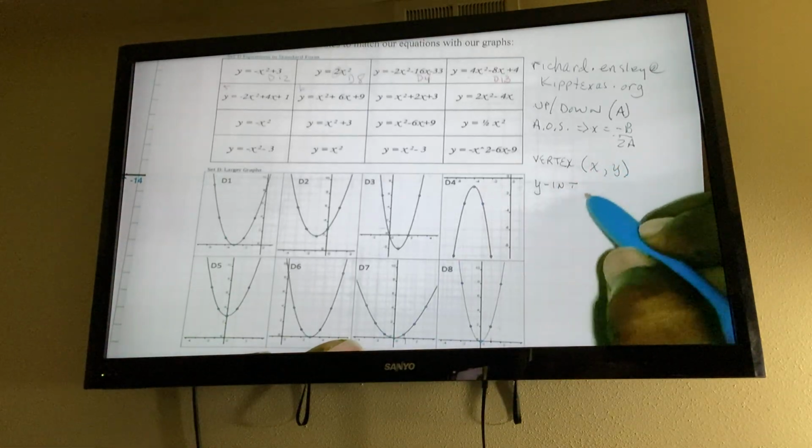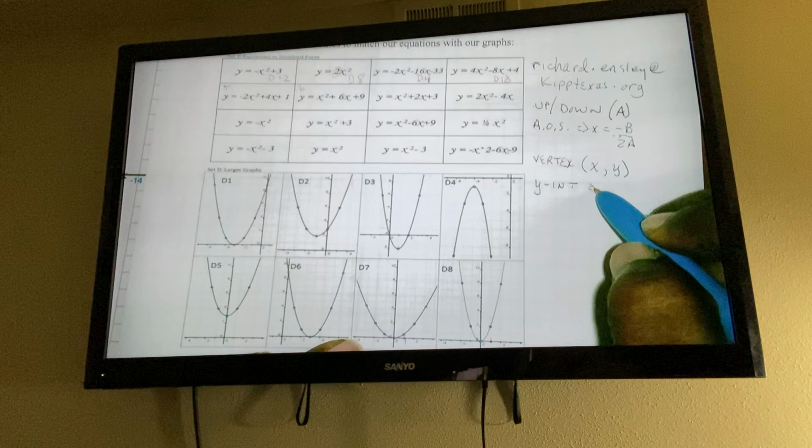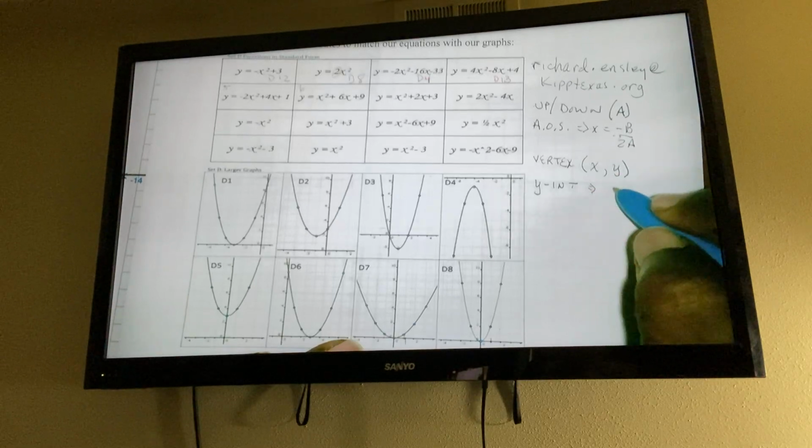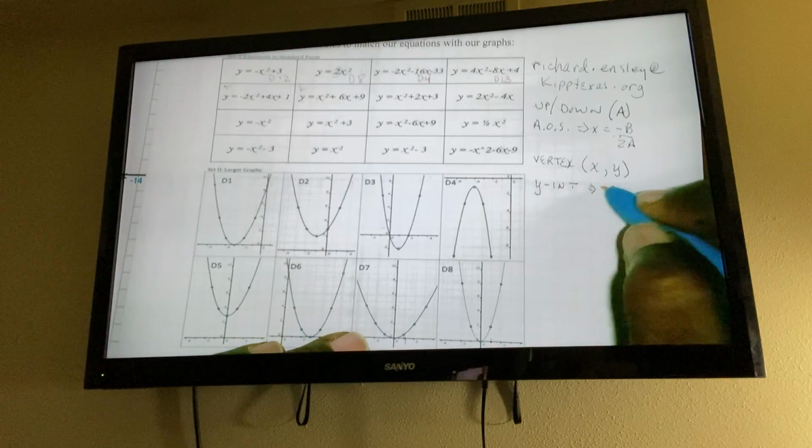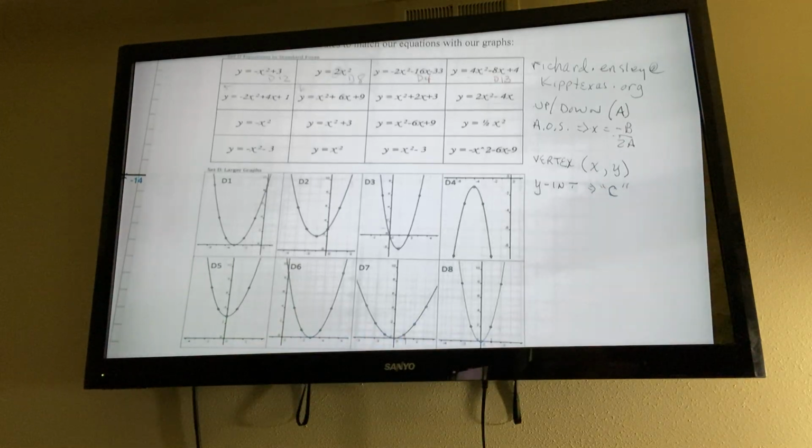Okay, which in a quadratic equation, the y-intercept is always going to be the c term. All right, so we have 1, 2, 3, 4 things to do.